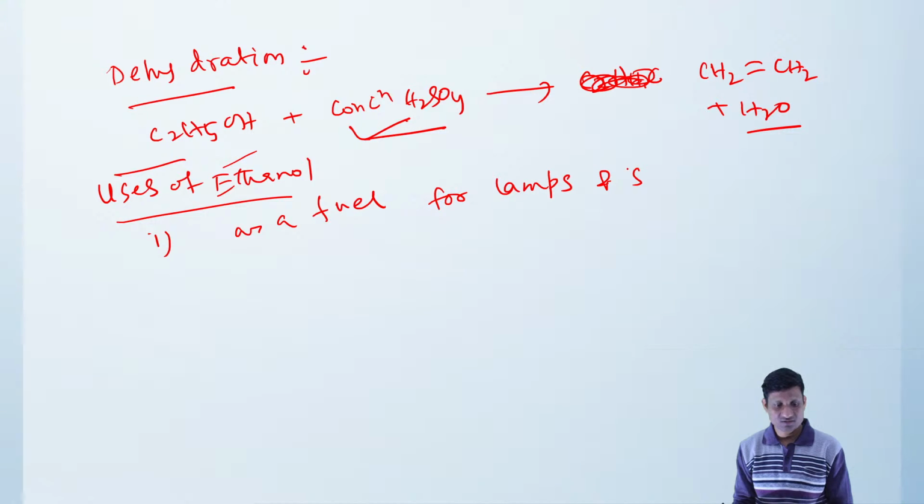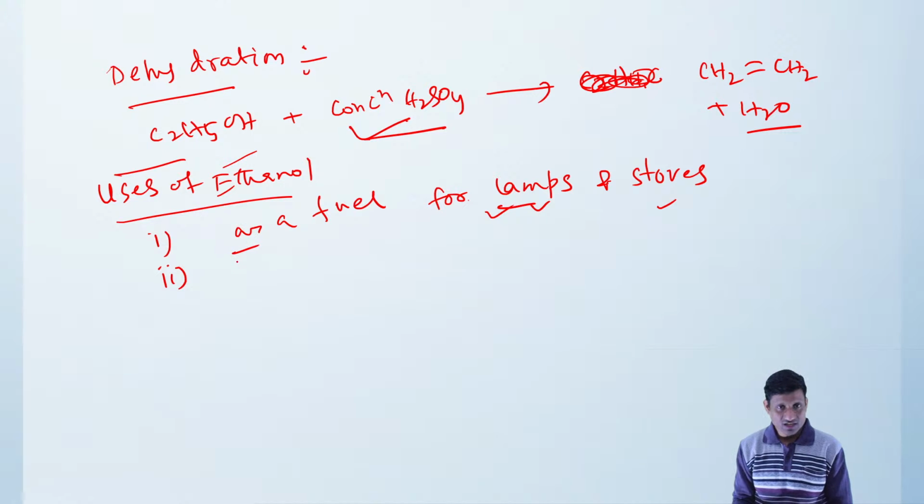So basically in the laboratory we use it so frequently where we don't have a supply of gas. So basically there we use ethanol to burn to produce flame. And for that purpose we use lamps and stoves. Again we use it for the fuel that we talked about, the biofuel. So basically that also we can consider an important ingredient for the fuel.